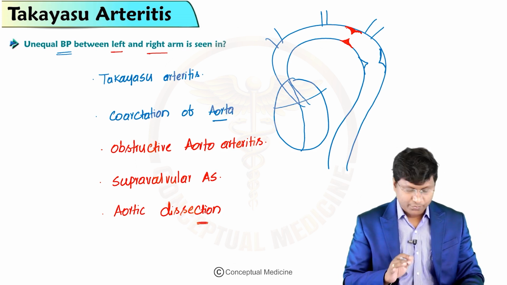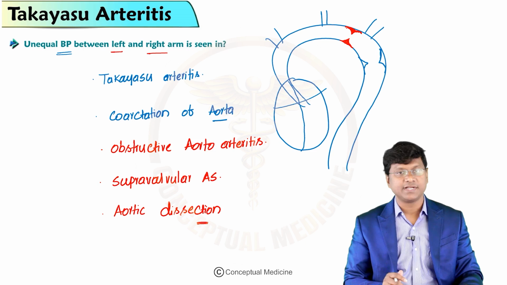So these are all the conditions where you have unequal blood pressure between the right as well as the left arm.